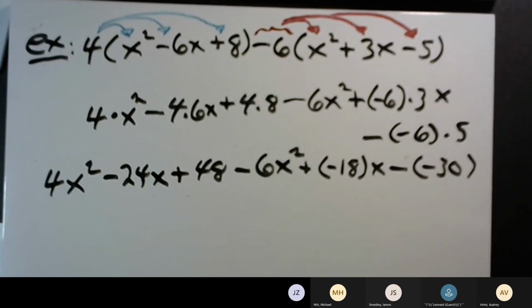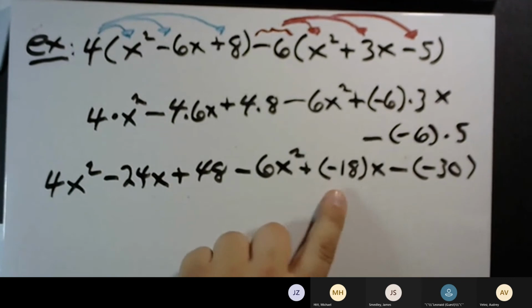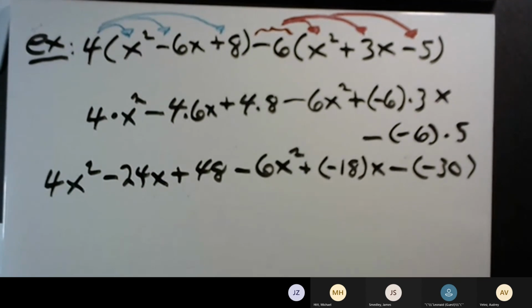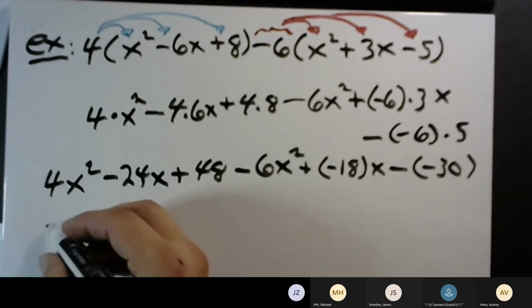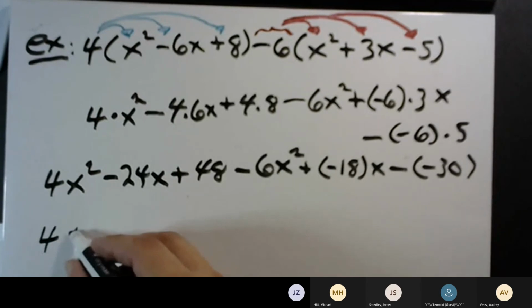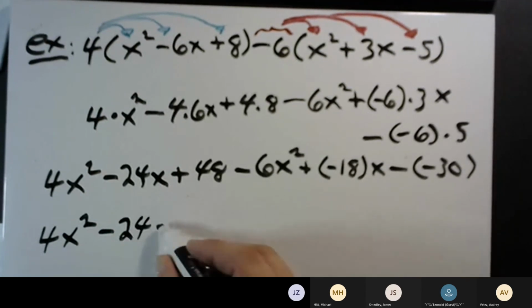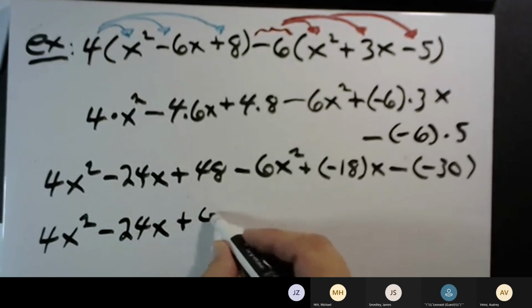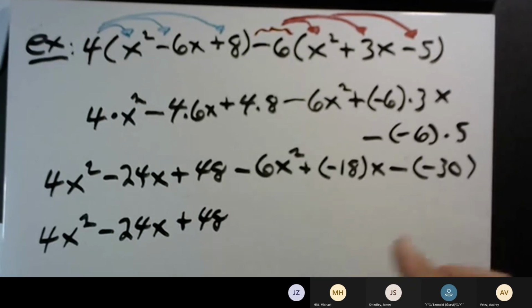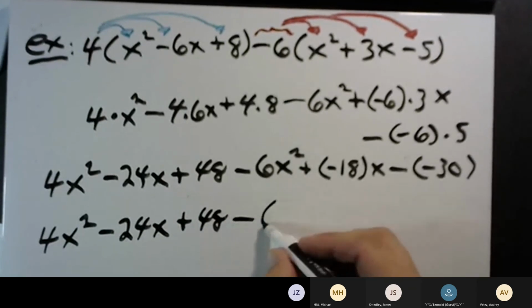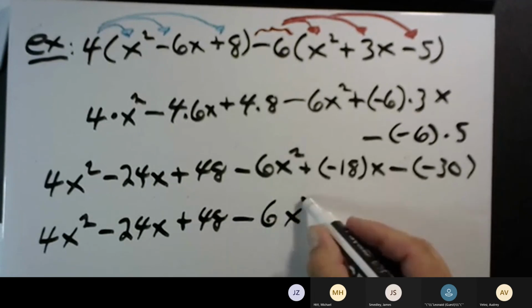Now we're going to do some cleanup here. Adding a negative is the same as subtraction. Now, technically, I should leave it as adding a negative, but we don't have to. So I'm going to make it a subtraction.